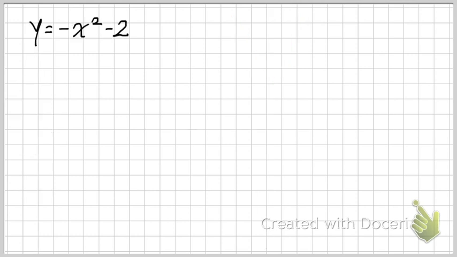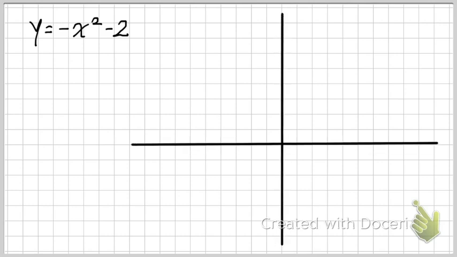We'll go here, and now we've got y equals negative x squared minus 2. So we have hopefully a basic understanding that because of this negative here, the basic x squared graph that we learned, the first graph that we learned, the negative means that it's going to be opening downward.